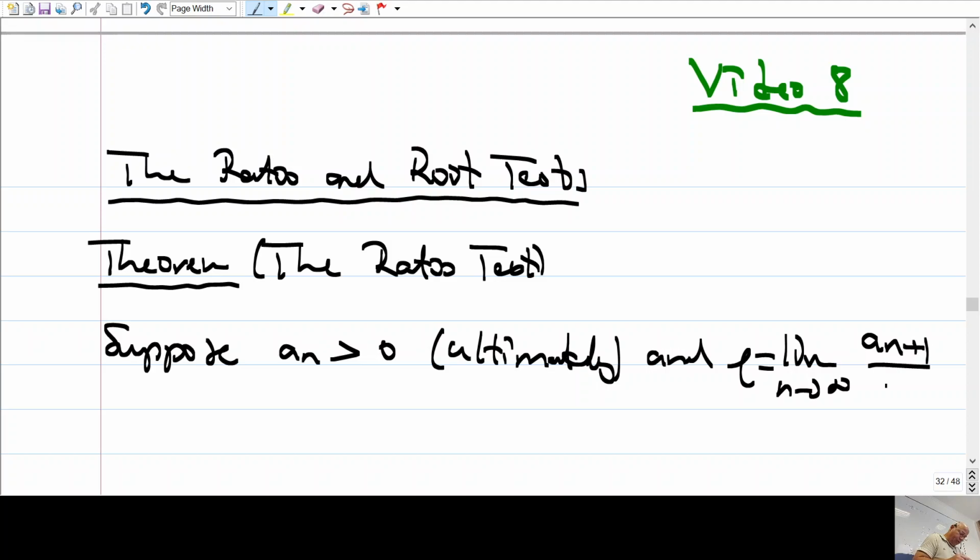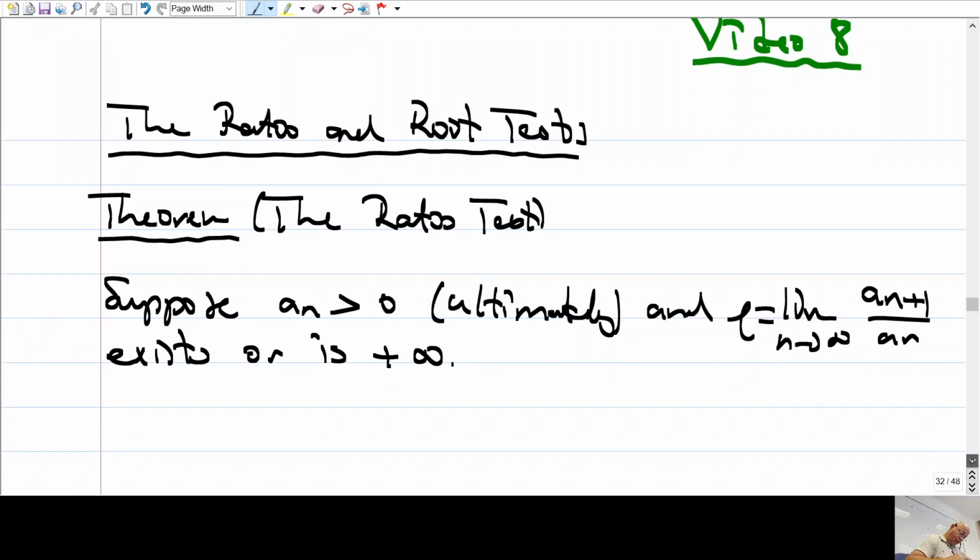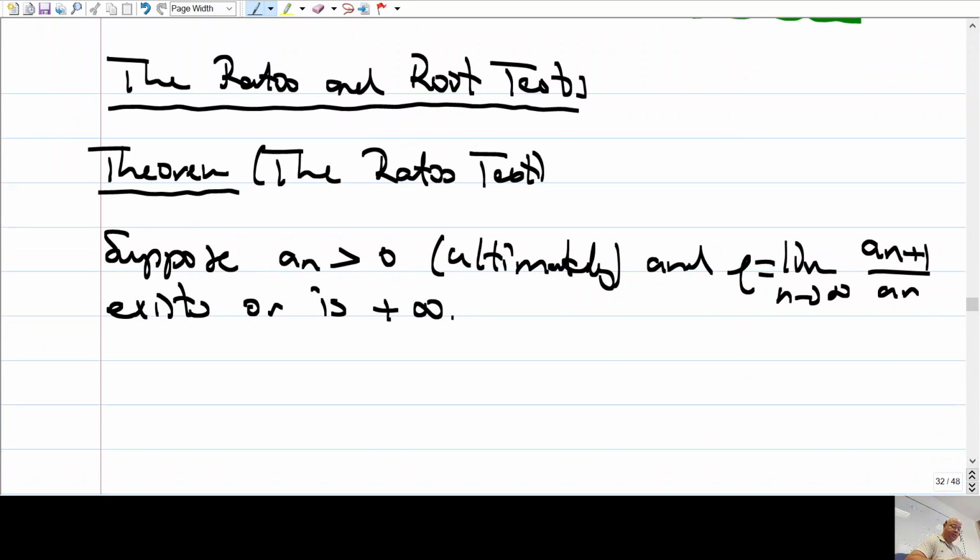And suppose that this limit exists or is infinite. So we assume that either the limit exists, so it's a finite number, or it is infinite. Then we have the following.